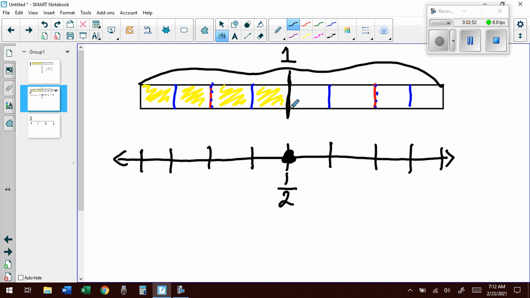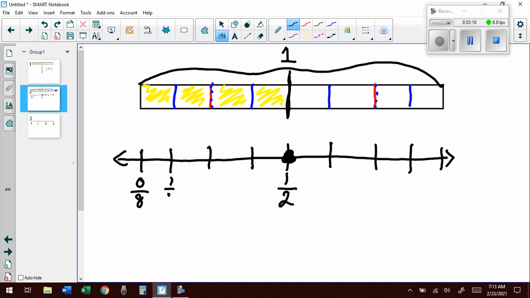So you can see that right here is our 1/2 line, right here is our 0 line, right here is our 1/2 line. Now, how many total pieces do I have on my number line? I have 0. I have 1, 2, 3, 4, 5, 6, 7, 8. So each of these are eighths.